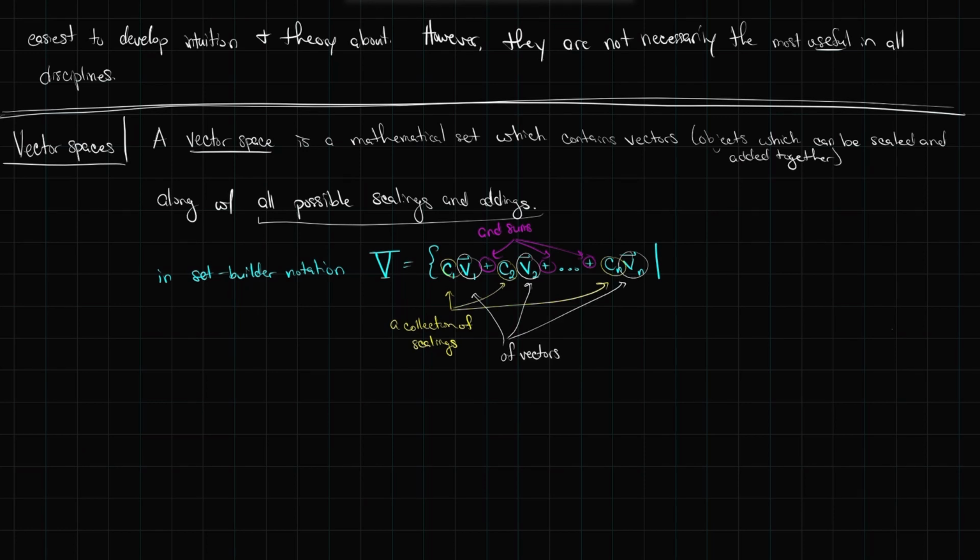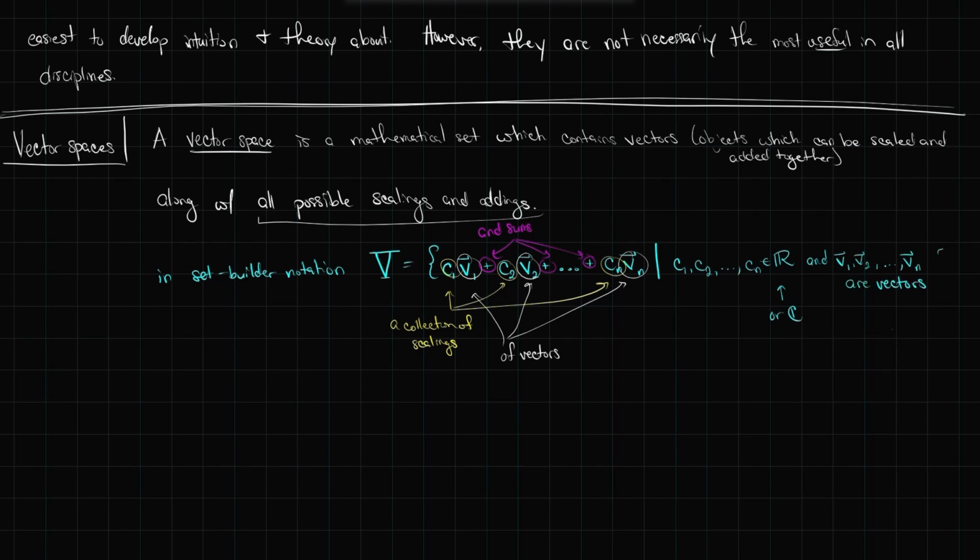And they're going to satisfy something, since it's set builder notation: C1, C2, dot dot dot, Cn are real numbers or complex numbers. I'll say or C. It doesn't really matter. It's just the difference between a real and complex vector space. And each of my V1, V2, dot dot dot, Vn are vectors.